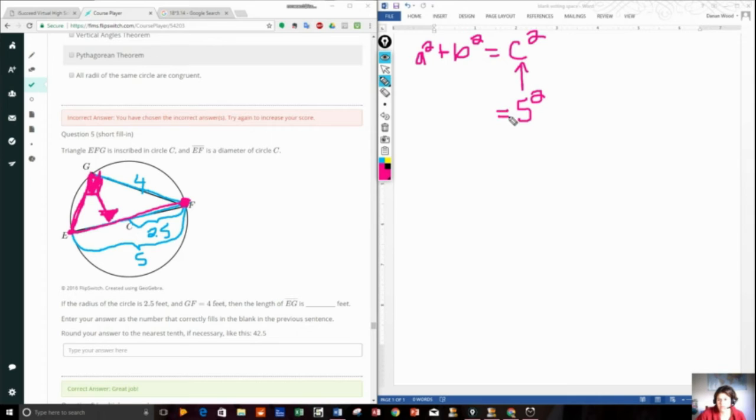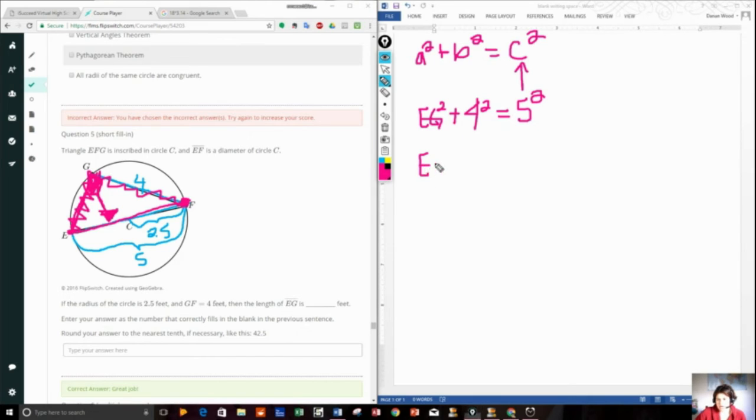squared. That's going to equal a side length. GF is a side length, so that's 4 squared. And EG is the other side length, which we are trying to find, and that distance is squared. So let's solve for EG.